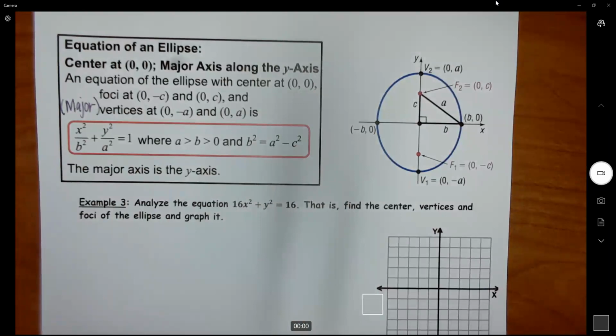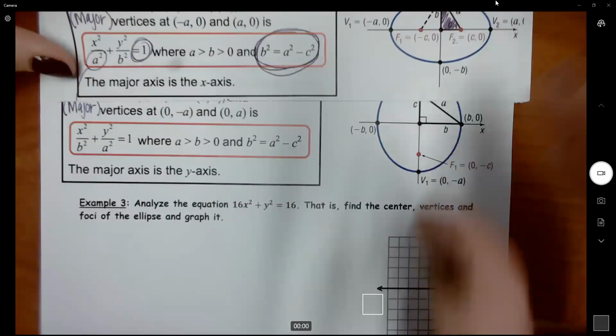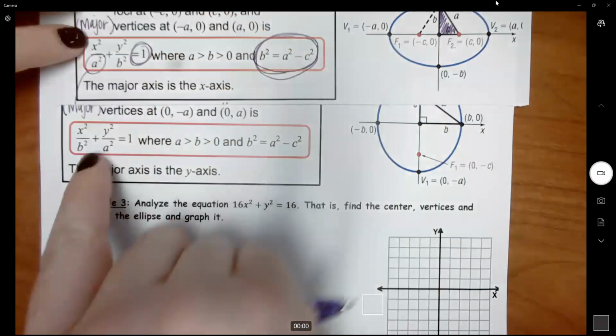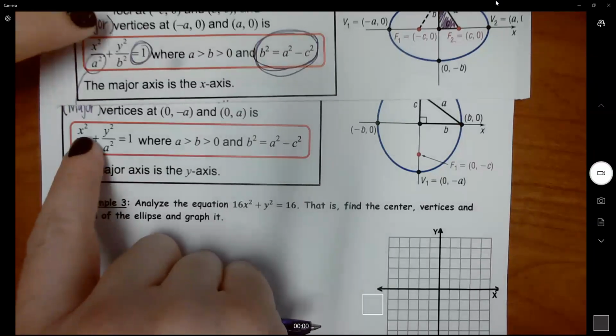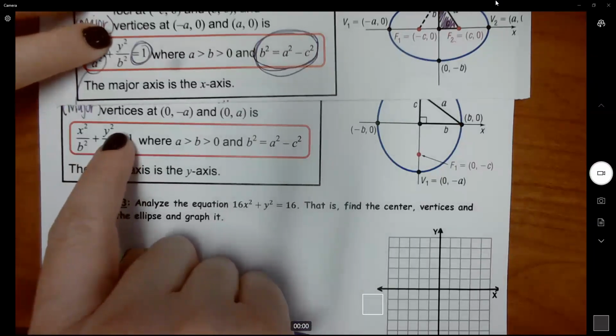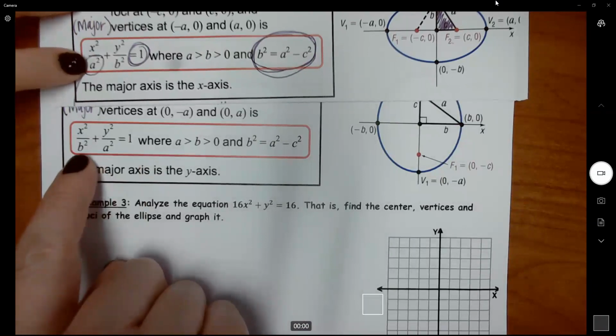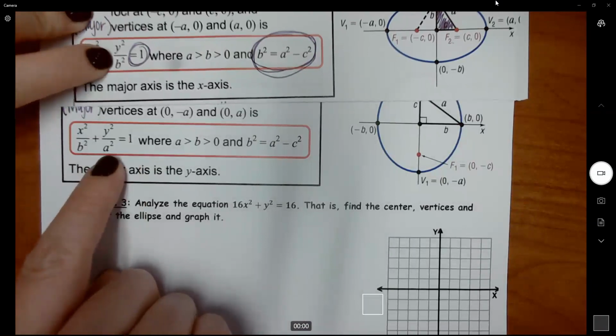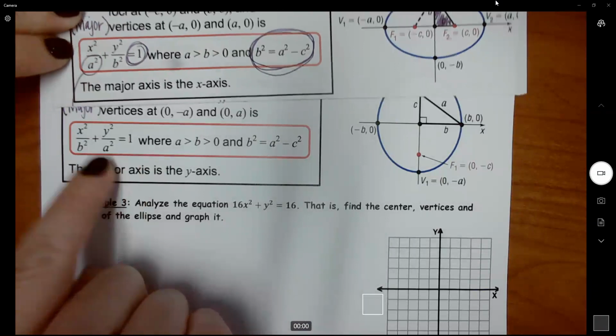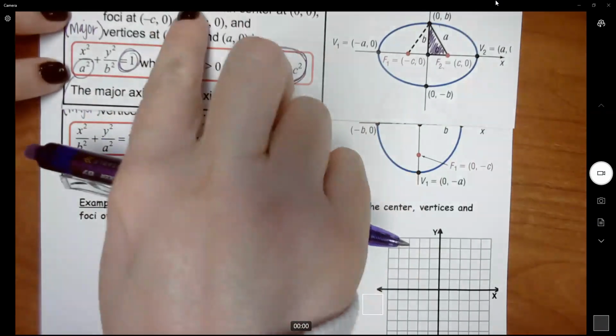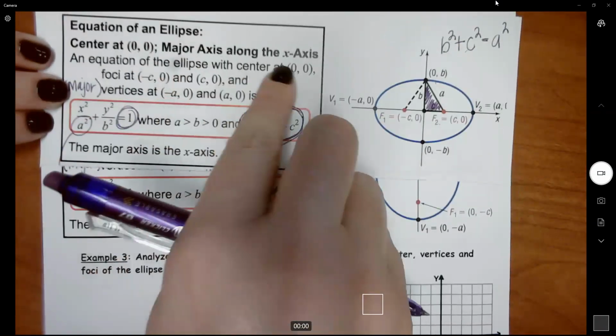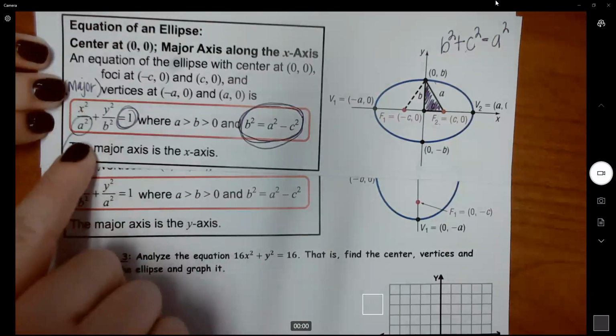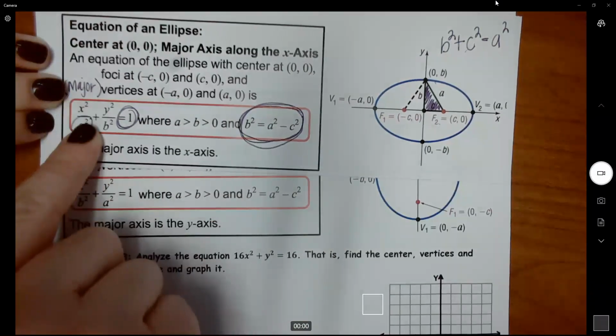Now, when I compare these two formulas, they both start with x squared and they both have y squared second. What switches is the a squared and the b squared. When it has a major axis along the x, your bigger number is underneath the x.